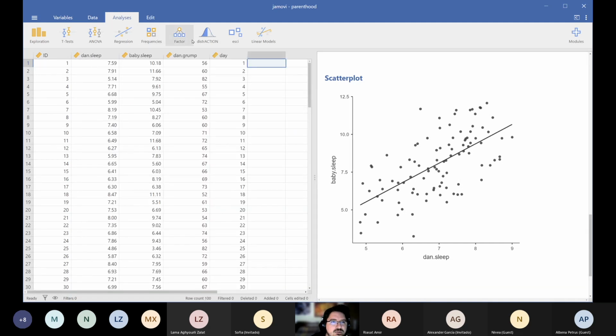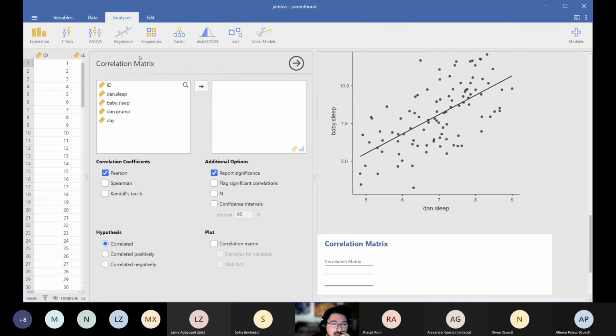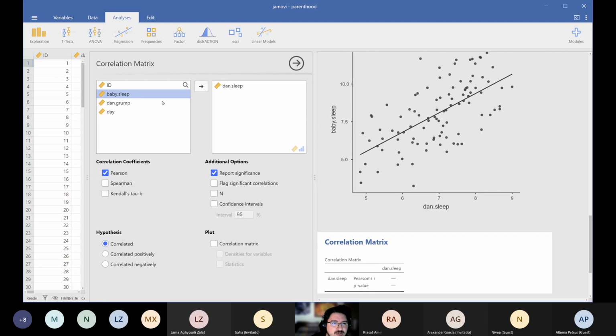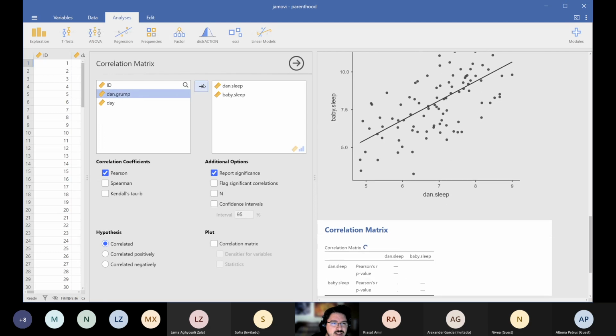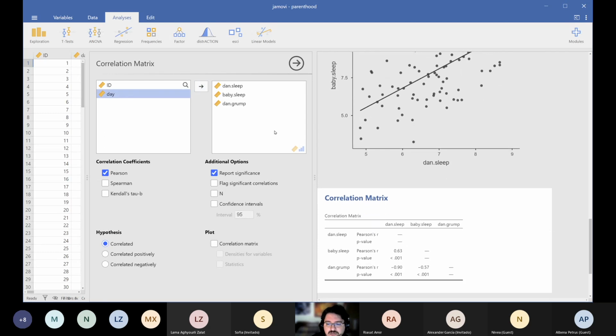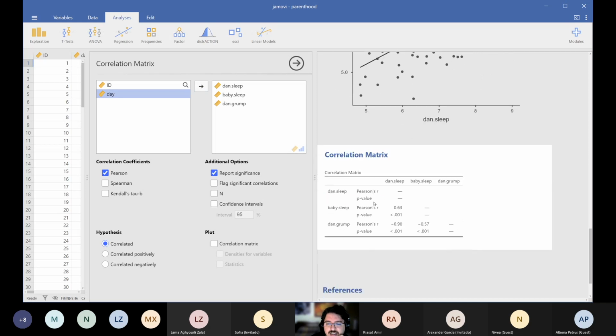At any rate, we decide to move forward, and we go to regression. Sorry, not regression, but first correlation. And here, because it's a matrix, it accepts all of our variables, and is grumpiness correlated to Dan sleep?